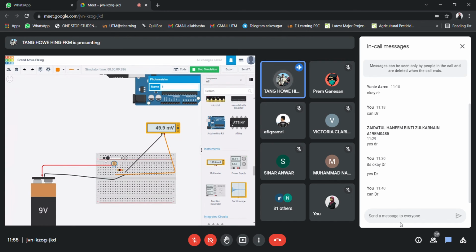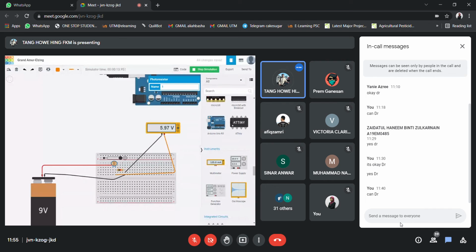Okay, so when it is complete darkness, we get close to 0 millivolt, 0 volt, and when it is complete brightness, we get 5.97 volt. Okay, there is a decrease of this voltage simply because of the resistance. Resistance causes a decrease of voltage.